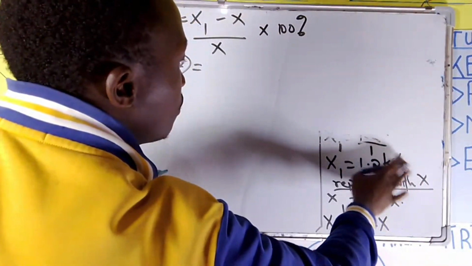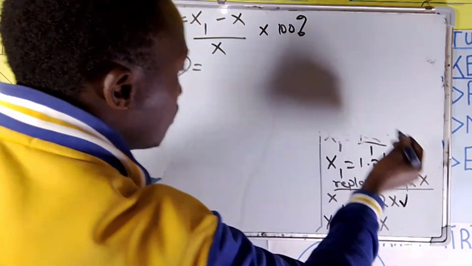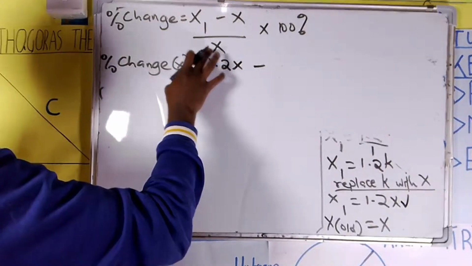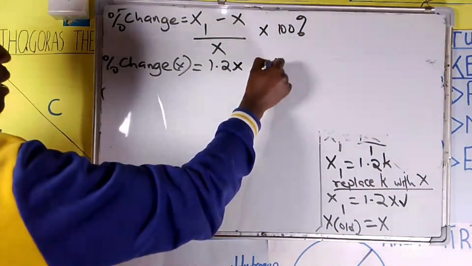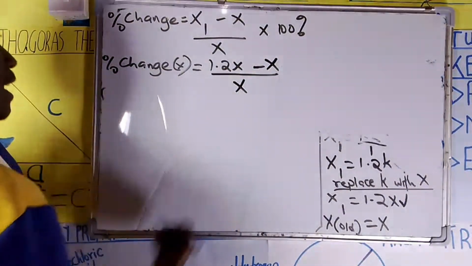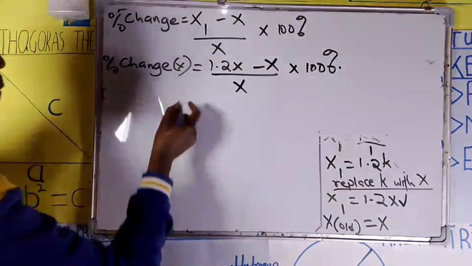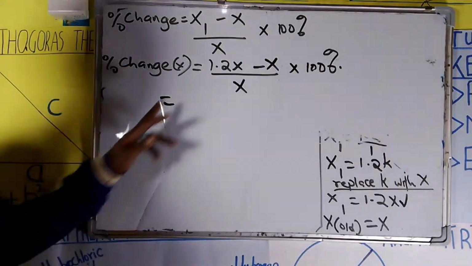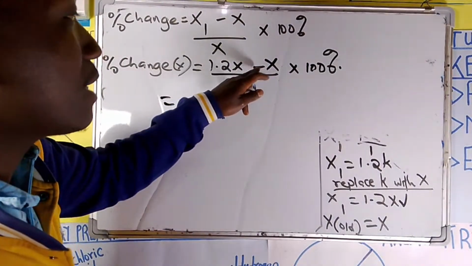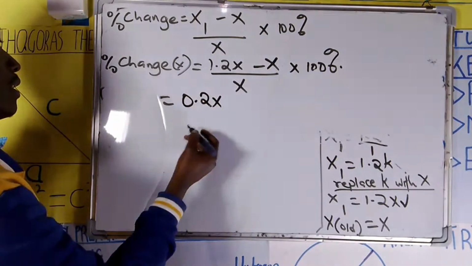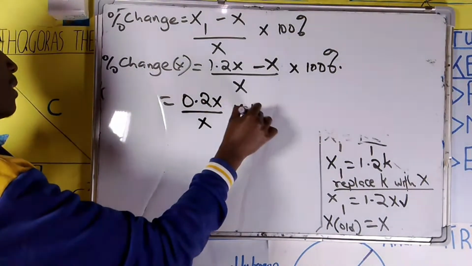No, it is 1.2, we removed this k and said 1.2x. So it is 1.2x minus the old x, which is x, over the old x, which is x, then multiplied by 100%. So this will give us 1.2x minus 1x, which is 0.2x over x times 100%.